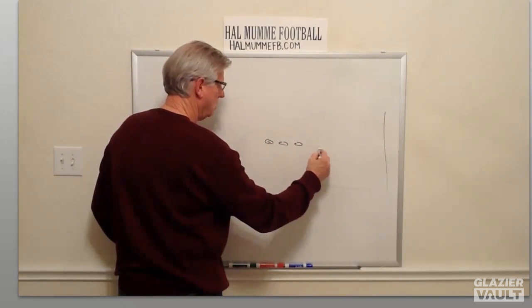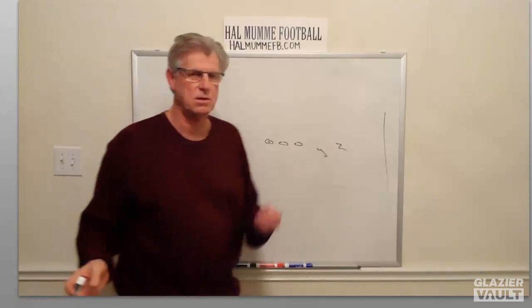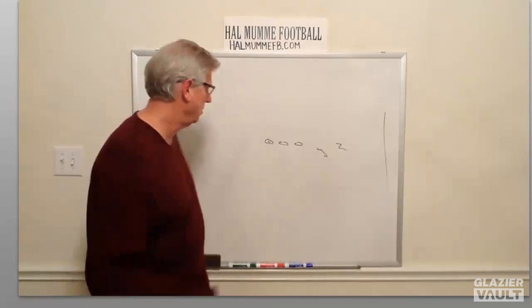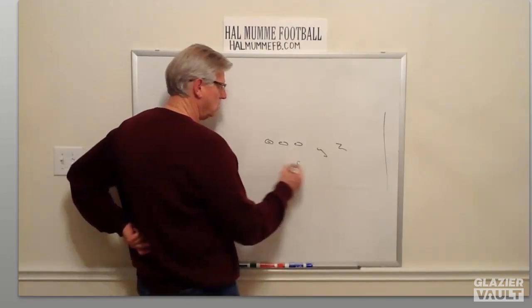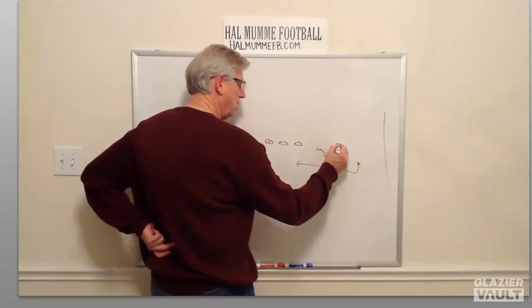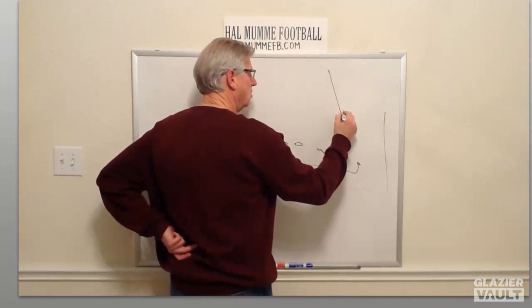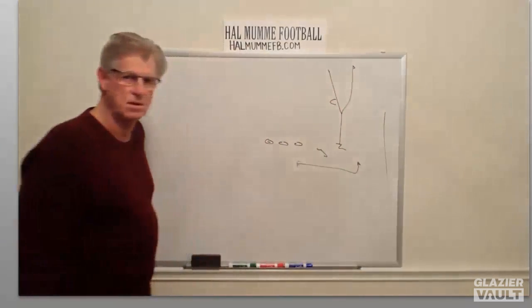Now, one of the main routes in both of our offenses is the sail route. And the way we ran that in the air raid was we were going to have a flat player. We were going to have a deep player who ran a post or an up, and that was based on this guy's coverage.